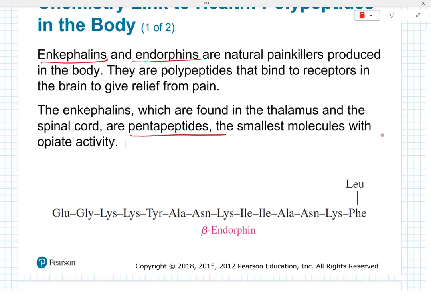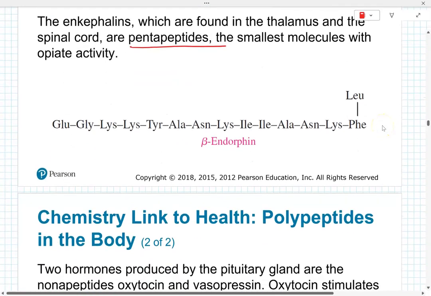Later, when endorphins and enkephalins were discovered, it turned out they act on the same receptors. So they were called opioids, although structurally, enkephalins and endorphins have nothing in common with heroin, OxyContin, and the like. We just bumped into a substance accidentally many years ago. That makes sense? Okay.